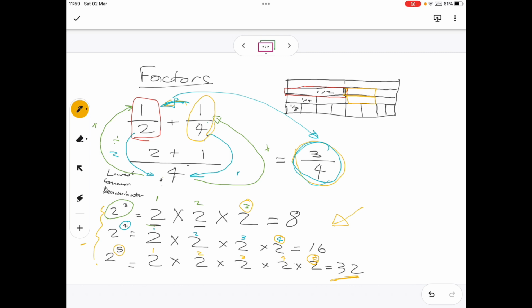Let me check. So because of thinking like this about numbers or factors, you can factorize a number such as 64 as 2 to the power 6, or 1 over 512 as a half to the power of 9.